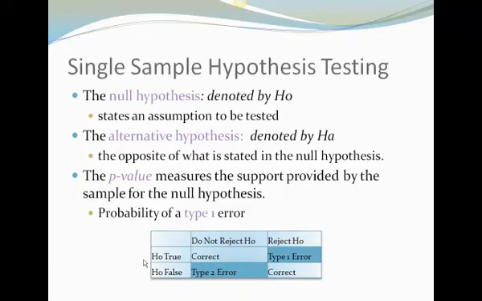You want to be more right than wrong, so you want your p-value to be low. An easy way to remember this, and I know it sounds funny, but trust me, you'll remember it better if I say it this way: if p is low, reject the HO. That's your goal, because p-value is the risk that you're wrong and you don't want to be wrong. So you want the risk of you being wrong to be really low.